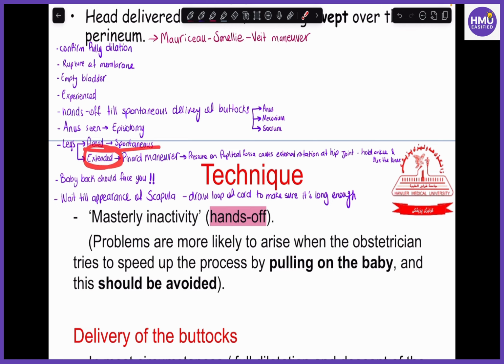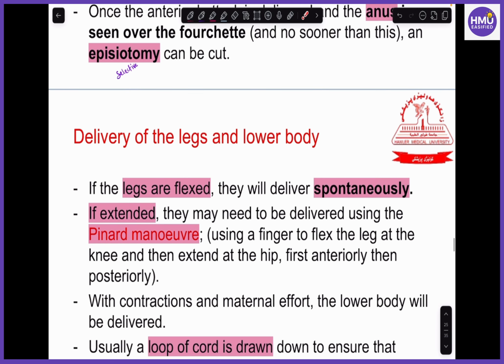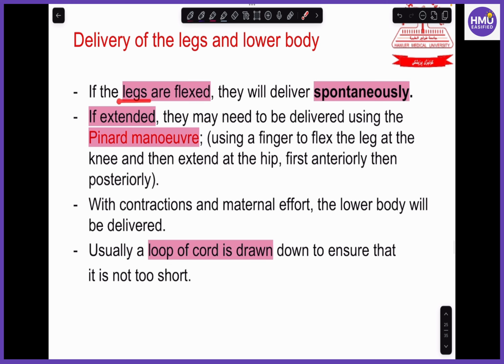If they are extended we could do the Pinard maneuver by applying pressure on the popliteal fossa, causing external rotation at the hip joint, then holding the ankle and flexing the knee. With contractions and maternal effort the lower body will be delivered. Usually a loop of cord is drawn down to ensure that it's not too short.